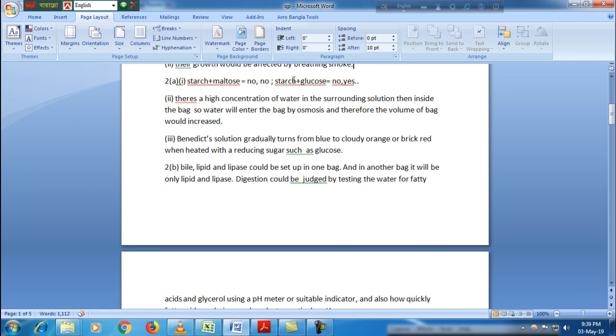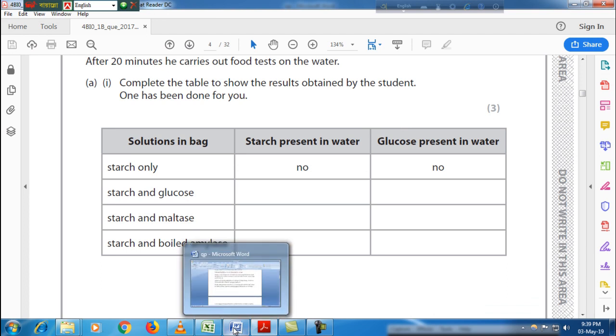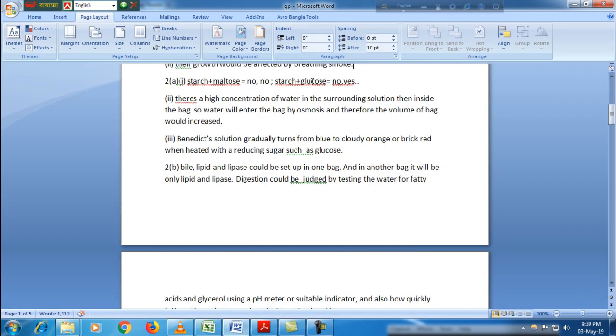In the glucose column it will be yes, and for starch in the water it will be no, as starch is a big molecule, it cannot pass through the tubing to the water.